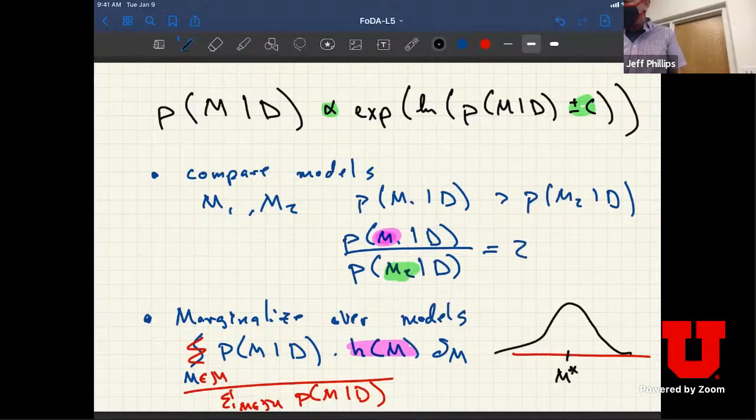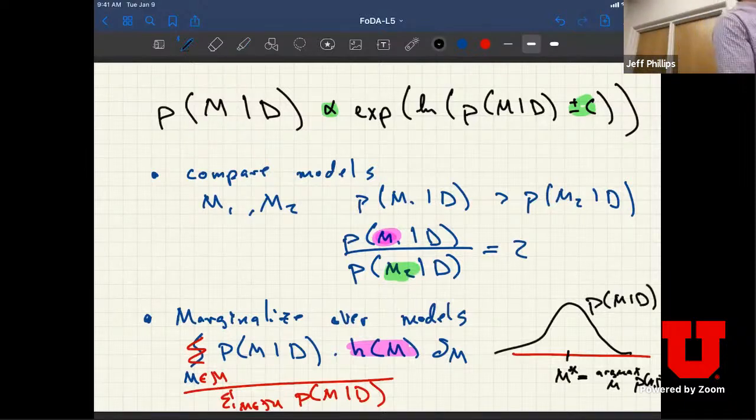This is M star, maybe the arg max over M of P of M given D. And there's some distribution over M, P of M given D. It's probably going to look again like a normal distribution, and we'll talk about why on Thursday.